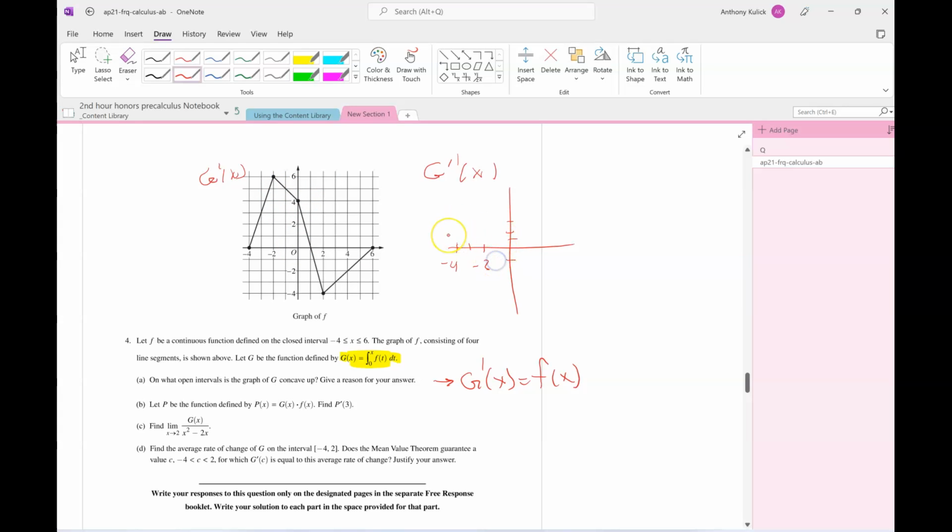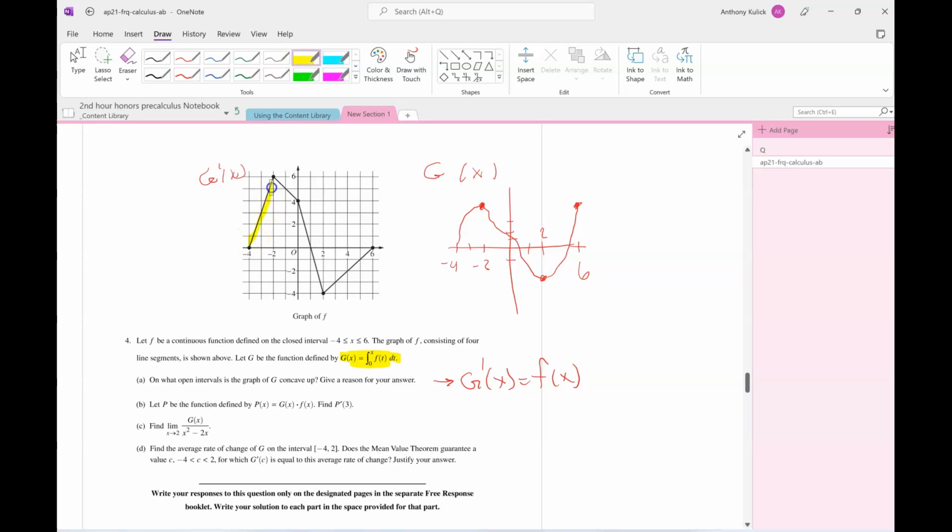So like here, and then we're going down, down, down: positive slope, negative slope, negative slope. So we're going all the way down to positive 2, and then we're going back up to 6. Actually, this could be the graph of g, is really what we're talking about, right?